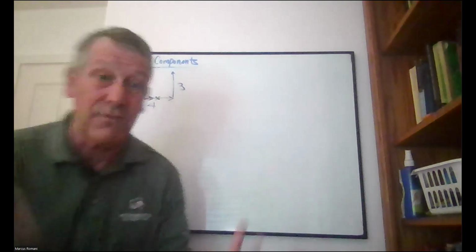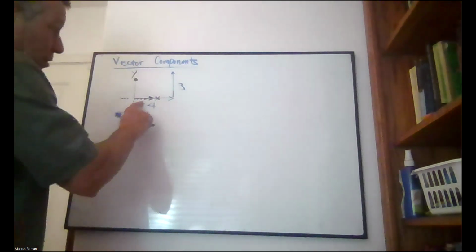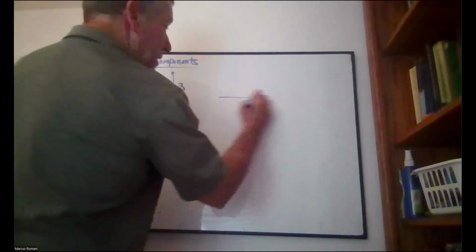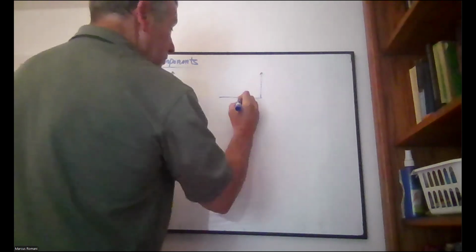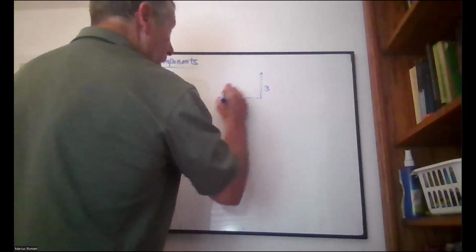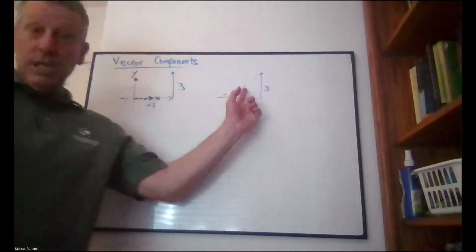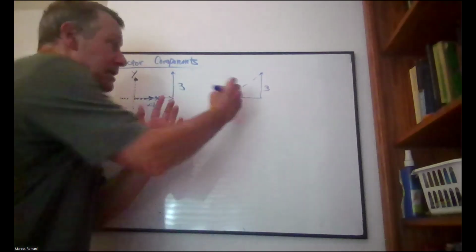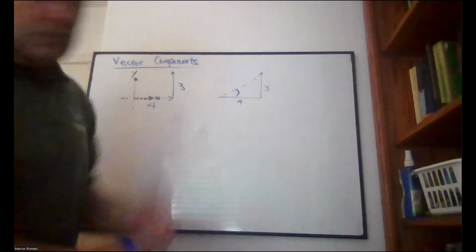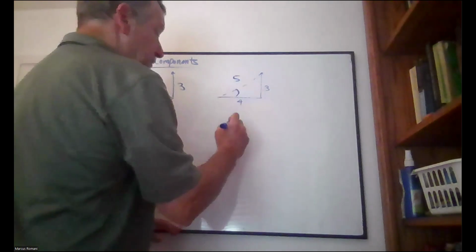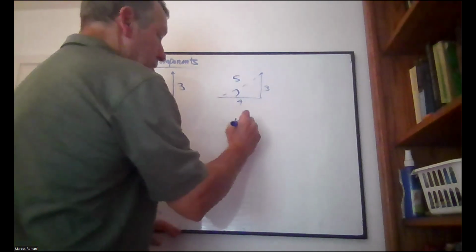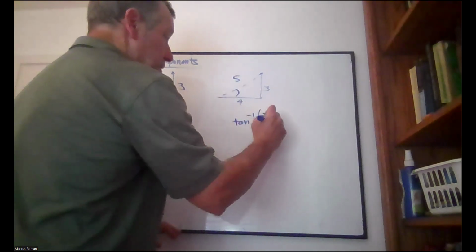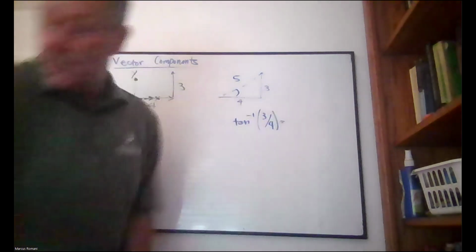You've done that forever with geometry, that you can say, well, look, we can add these two by drawing a right triangle with sides 4 and 3, drawing the hypotenuse, and then getting the length of that hypotenuse and this angle in here. So you all know that the length of the hypotenuse is 5. The angle, we're going to do inverse tangent of 3/4.